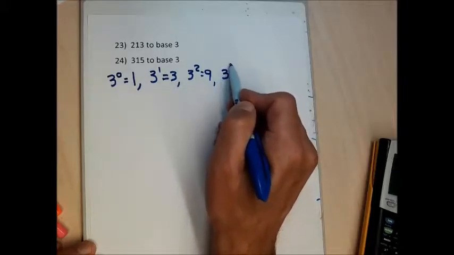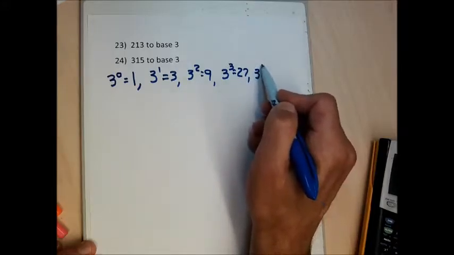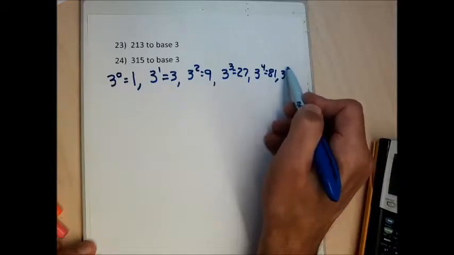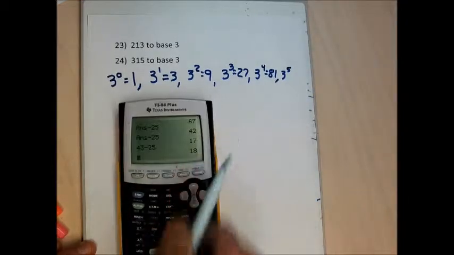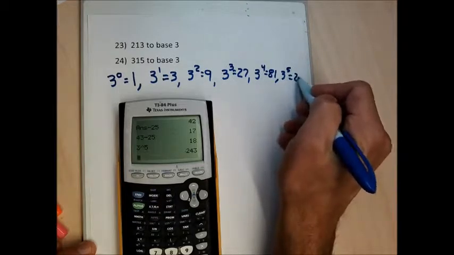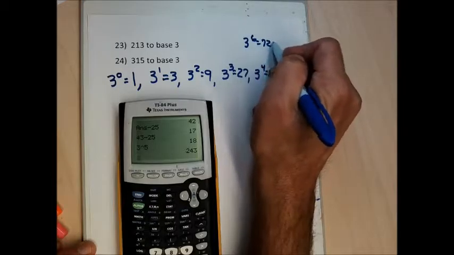Yuck. 3 cubed is 27. 3 to the 4th is 81. 3 to the 5th is 243. I could just go 3 up arrow 5. And 3 to the 6th is 729.